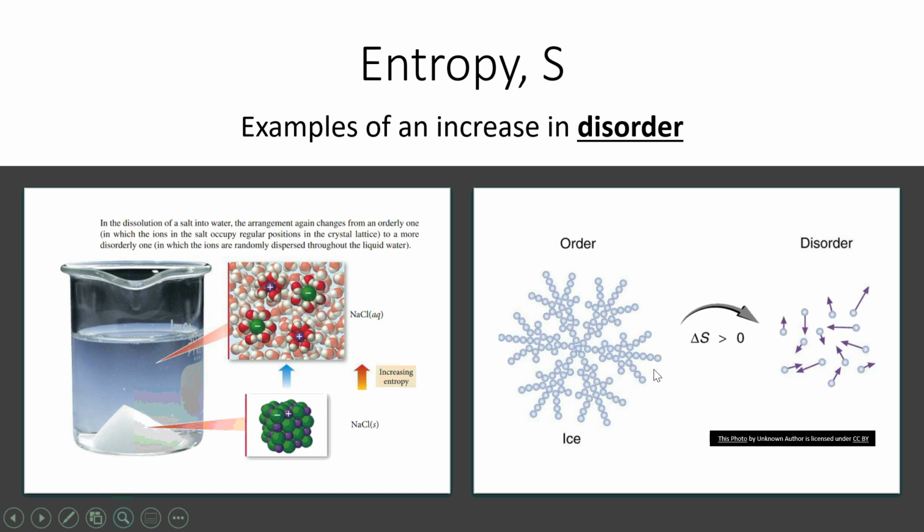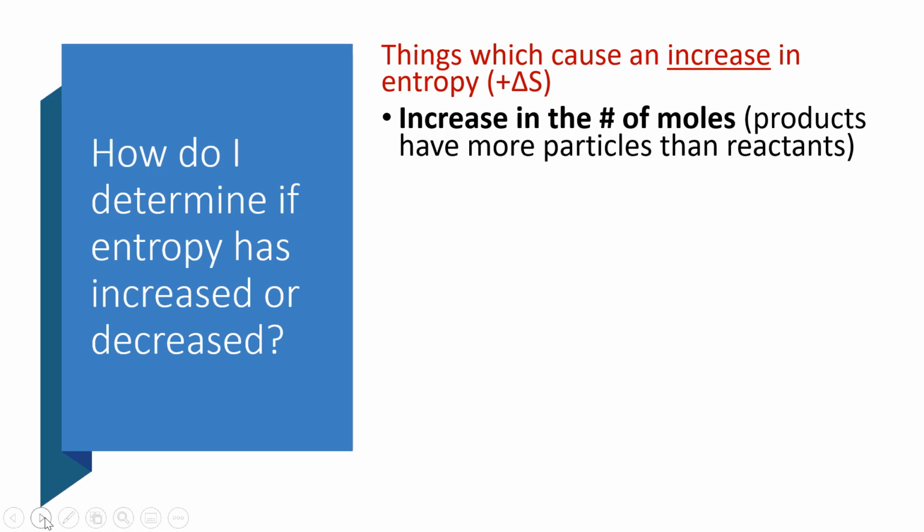Here's another example: melting water will lead to an increase in disorder. In this example, we're showing ice as a snowflake. Imagine this very structured, orderly snowflake, and then when it melts, these particles move around more freely, there's more disorder.